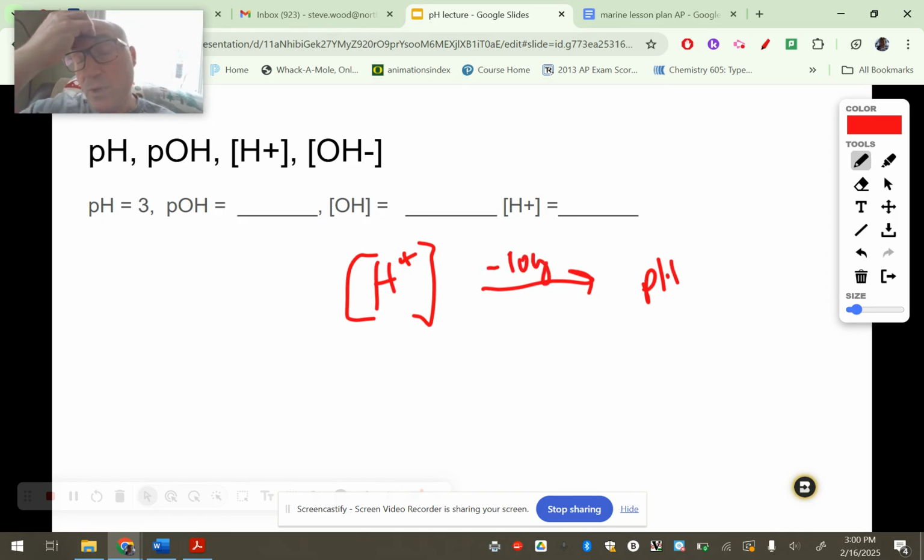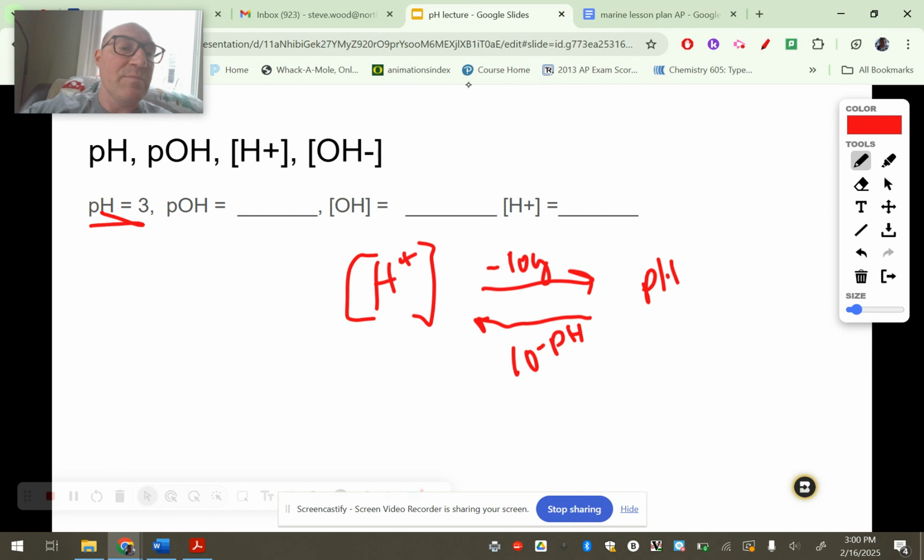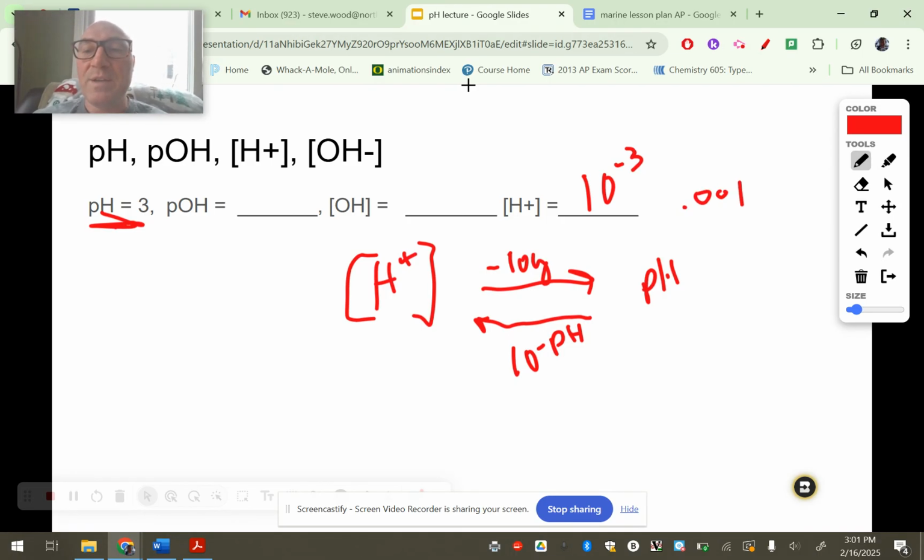For example, if I have 0.001, I would hit negative log and it would give it to us. If I want to do the reverse of that, I take 10 to the negative pH. For example, this has a pH of 3, so the H plus would be 10 to the negative third, which is equivalent to 0.001. So it's not a super strong acid.